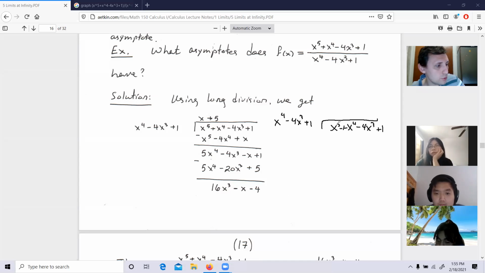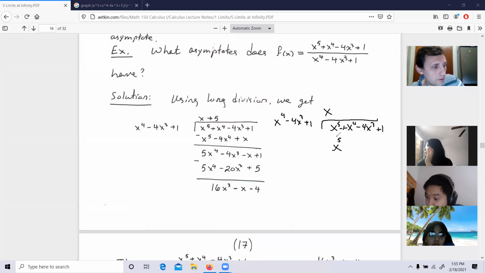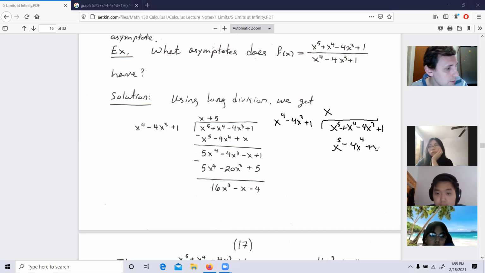Look at it. I have x to the 5 and here I have x to the 4. X to the 4 must be multiplied by x, so I write here x. Now once I put an x here, I multiply it right through. And what do I get? I get x to the power of 5 minus 4x to the power of 4 plus x. Yes? And here I subtract.